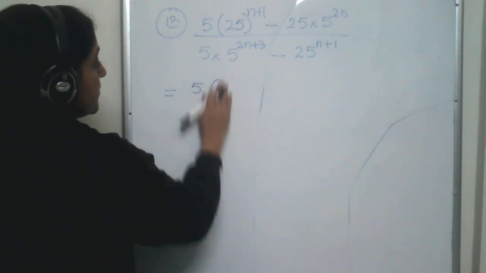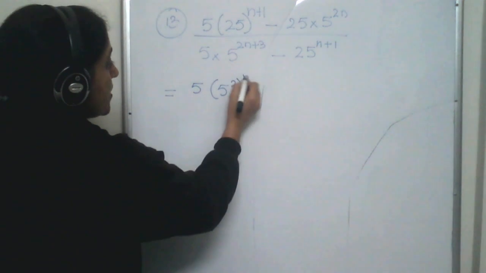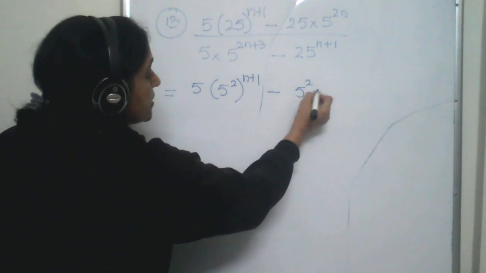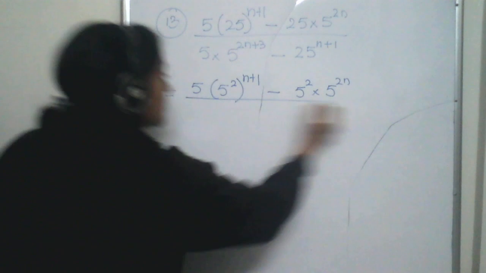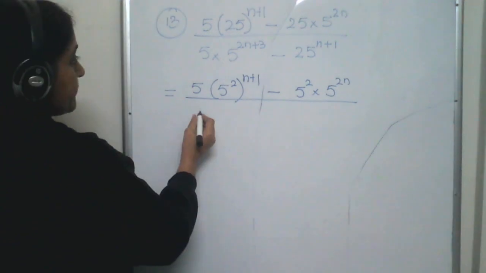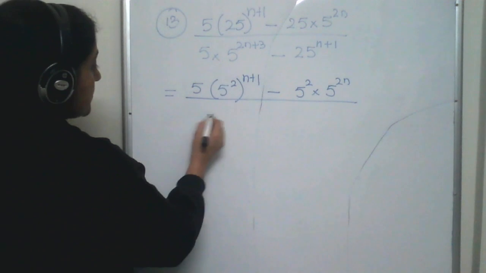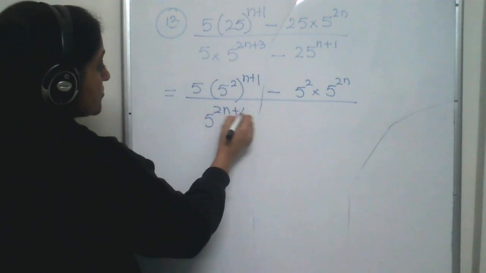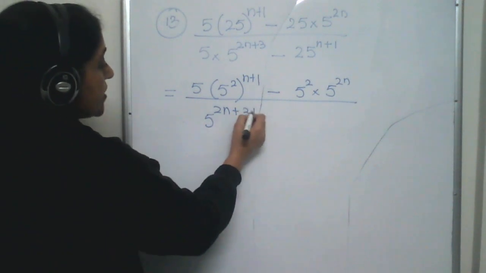So 25 we are going to write as 5 to the power 2 raised to the power n plus 1, minus 5 to the power 2 into 5 to the power 2n, whole divided by, now here you can see it's already 5. Now I will just add this up, 5 to the power 2n plus 3 plus 1, which is 2n plus 4.